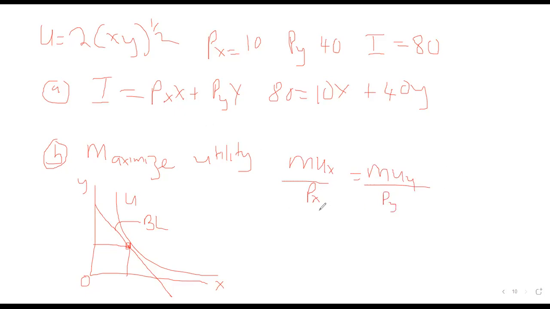So how do we find the marginal utility of x and y? When we expand this, we already established that we just distribute the power to both of them. Now how do you find the marginal utility of x? Our dummy here is what? Y to the half. Then you differentiate: half times 2 is 1, half minus 1 is what? Negative half.